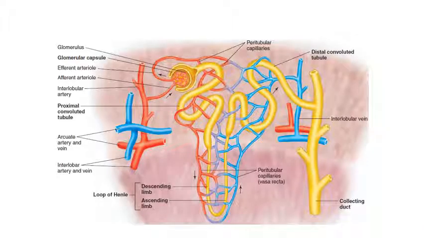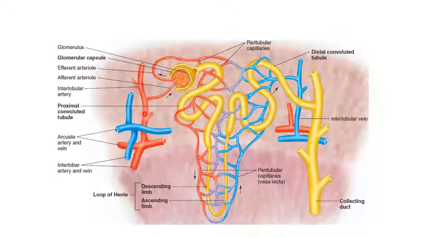So this diagram shows you how interlobular arteries give afferent arterioles and then two types of capillaries. So this artery is the arcuate artery.